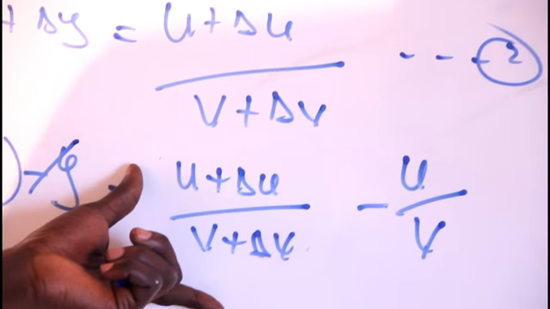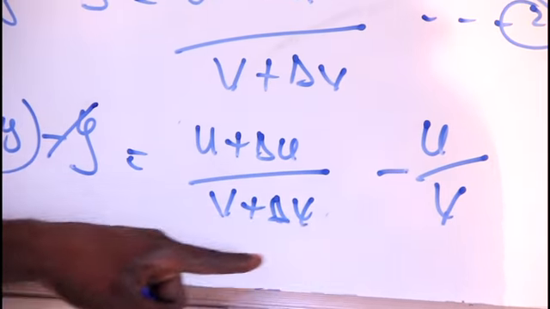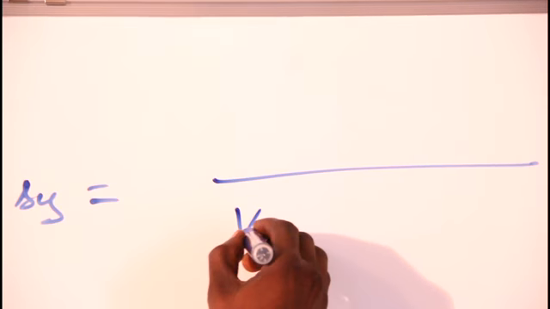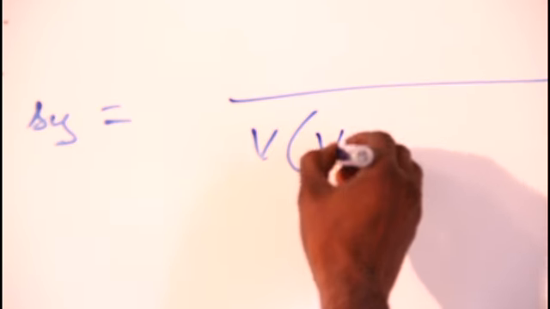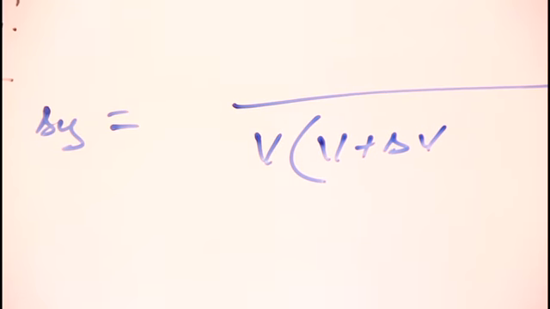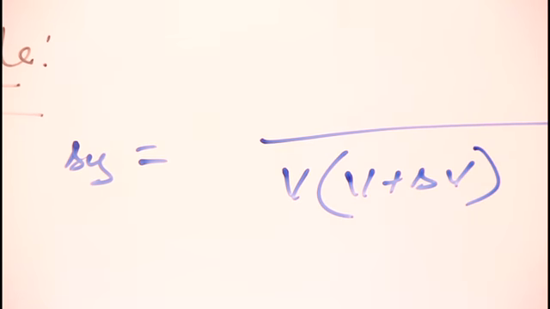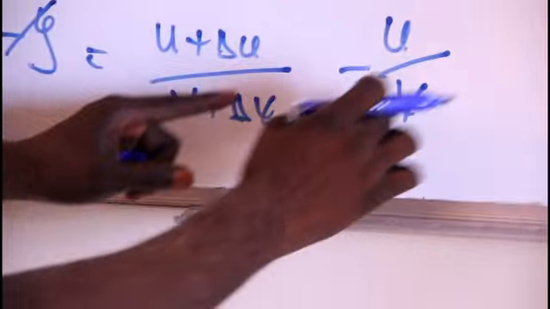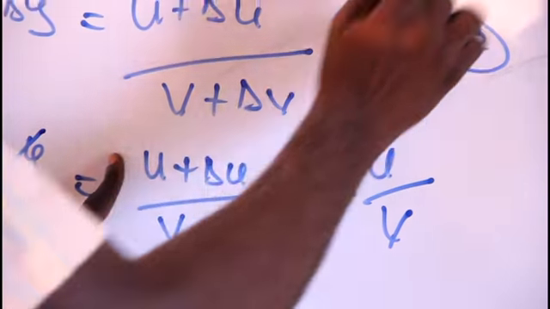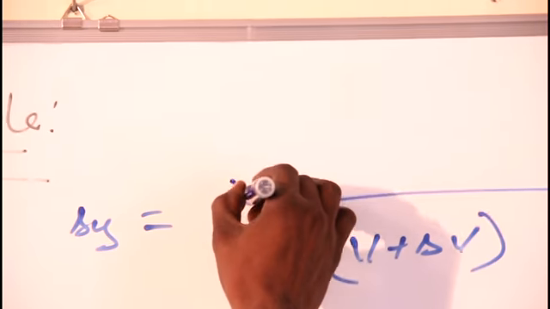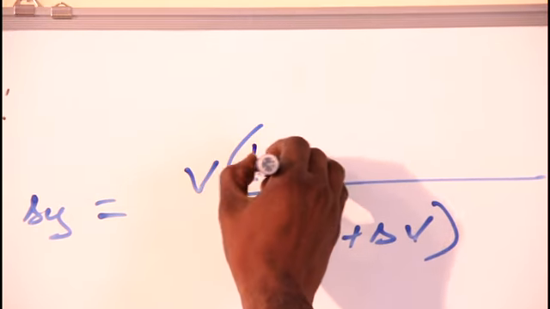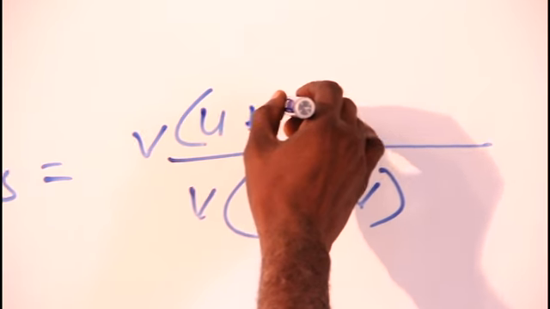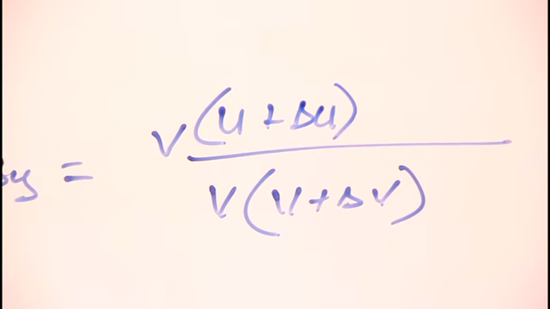Now this other side, the only way you can simplify it is by finding the LCM of this. So the LCM will be v into v plus change in v. Then the whole of this into this, you'll be left with v. Then v times this will give us v into u plus change in u.